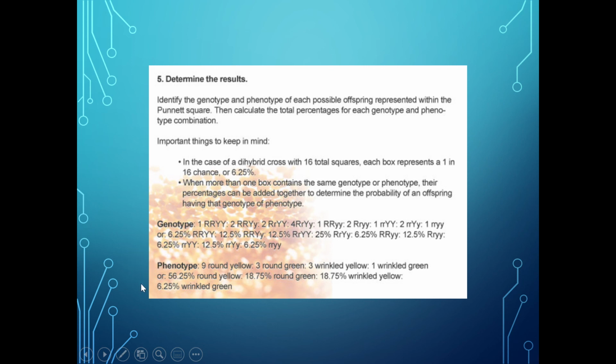We can continue, and for example, analyze 2 lowercase r's and 2 capital Y's. They have a possibility of appearing of 12.5%.